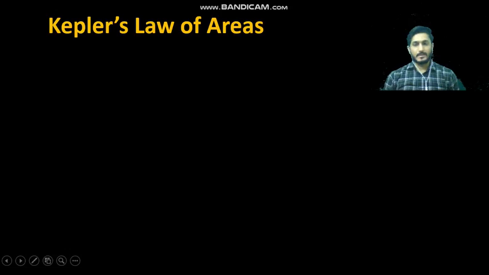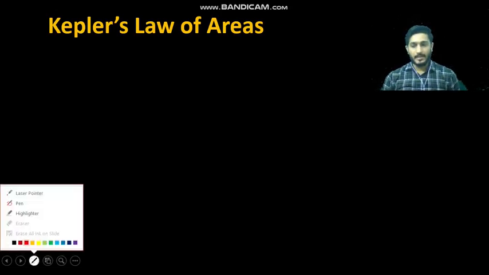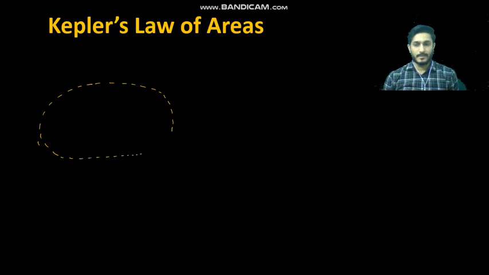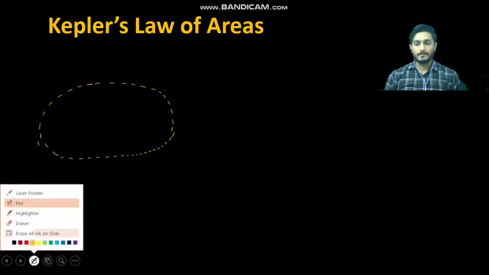Let us consider an elliptical orbit of Earth around the sun. So here is an elliptical orbit. And as we know from the first law, the sun must be situated at either of the foci of the ellipse.